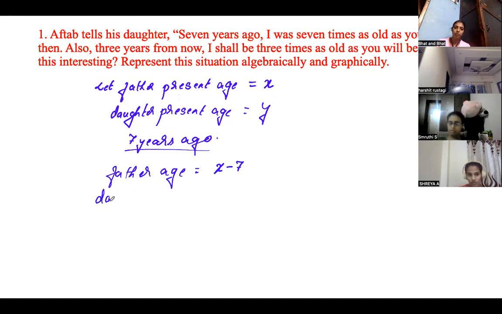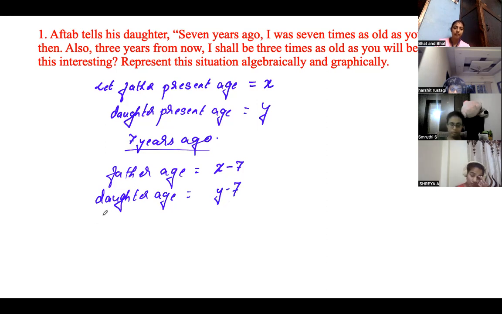And what will happen to daughter's age? Y minus 7. Okay? Father's age will become X minus 7 and daughter's age will become Y minus 7. Understood this? This is 7 years ago it will happen. Understood?